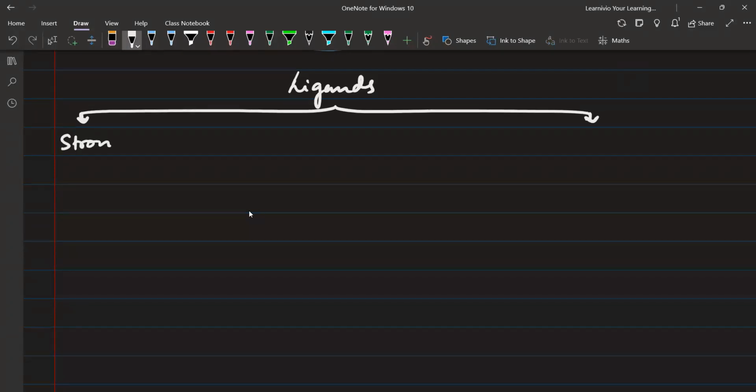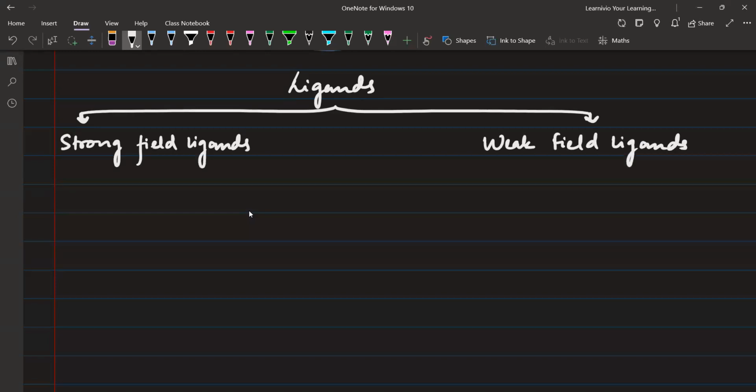Strong field ligands. Okay. So whenever you are going to have strong field ligand, in that case, del will be greater than pairing. Weak field ligands, del will be smaller than pairing. So obviously, in this case, what's going to happen? Pairing occurs. In this case, pairing does not occur.